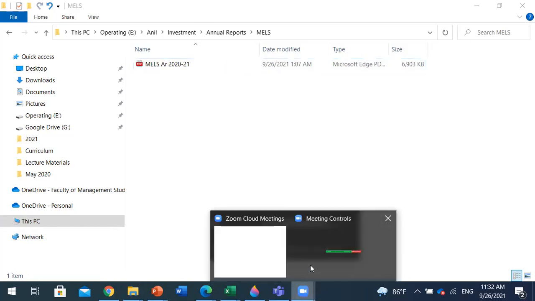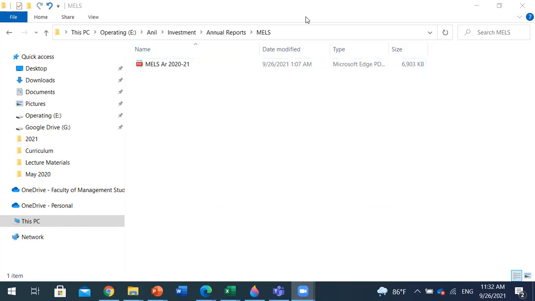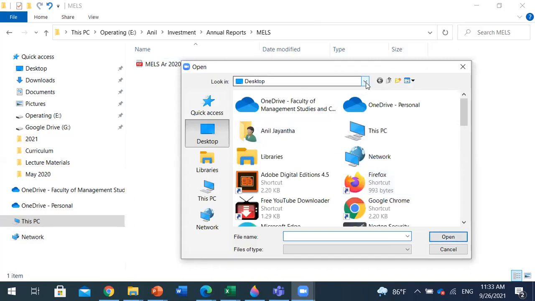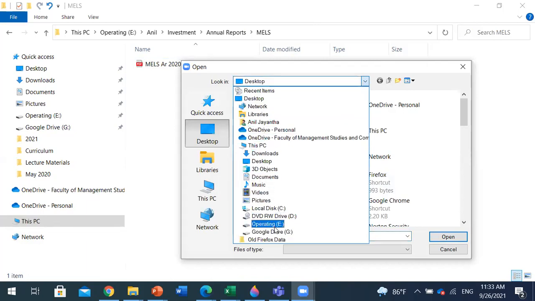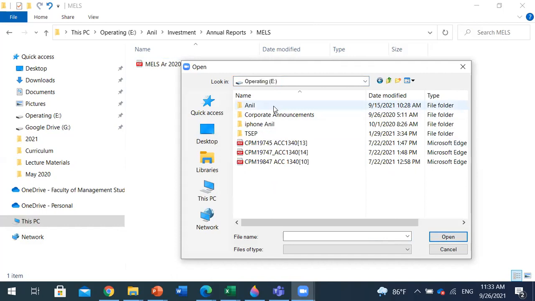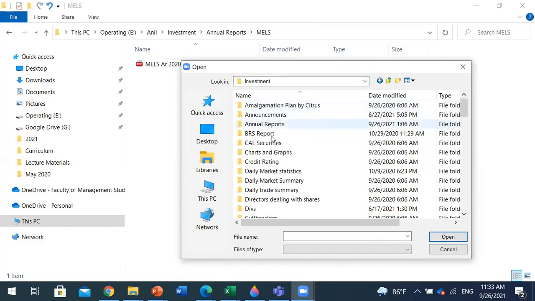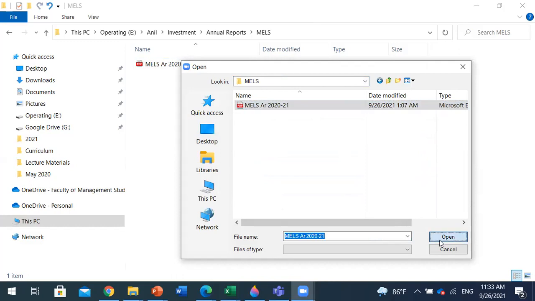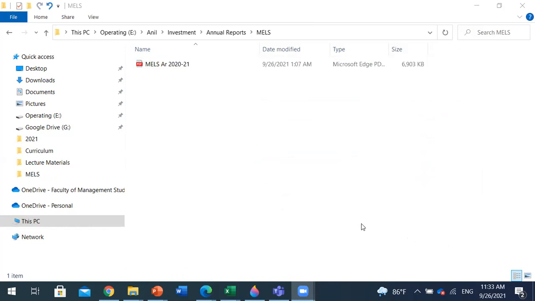Where is this chat box? Right, now I am sending it.